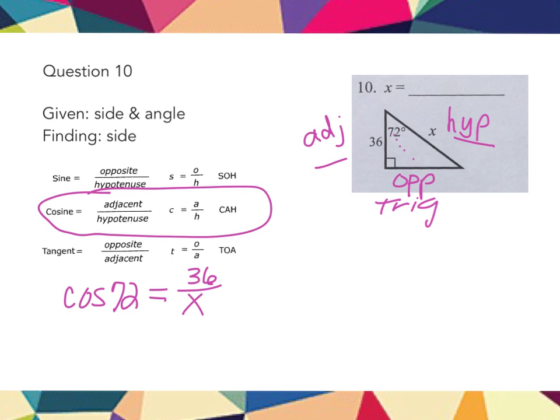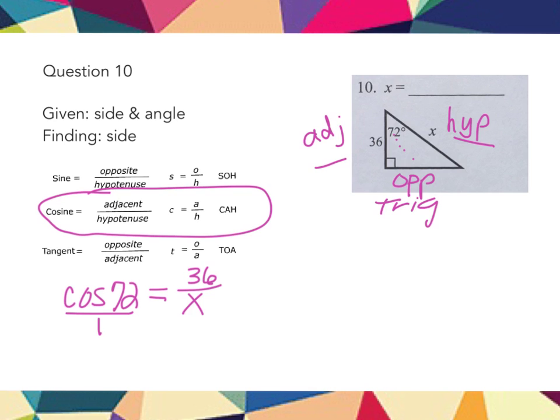All right, and again, what I recommend doing is let's put a 1 under this. And now let's look at our cross products. We're hoping to have 1 times x, but we don't have 1 times x in this proportion. We have x times the cosine of 72. Remember, we've learned about the cross means property, but we can really cross our extremes as well.